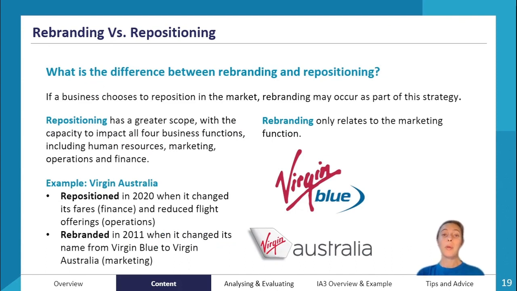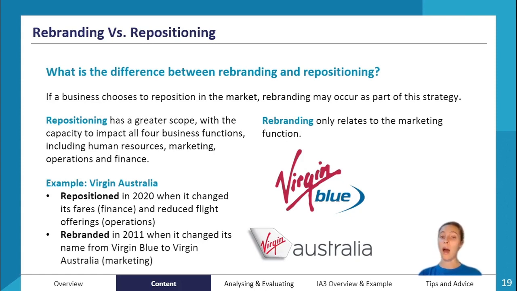So something you may be wondering is what the difference is between rebranding and repositioning. Rebranding is probably something that we've heard of before, and it relates specifically to the marketing function that we just spoke about. If a business chooses to reposition in the market, rebranding may occur as part of the strategy.